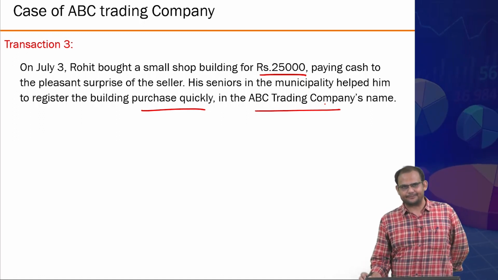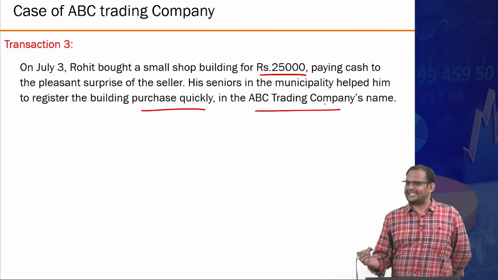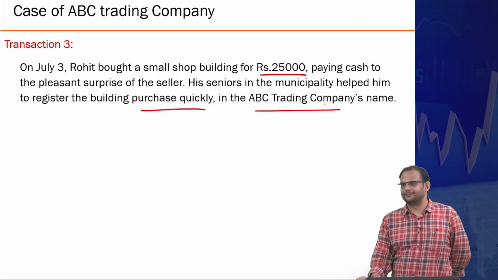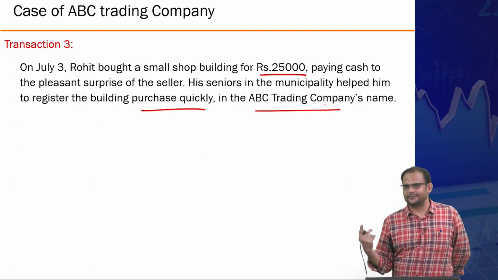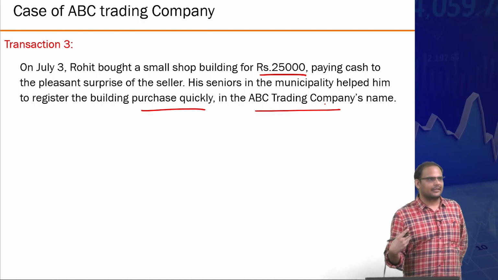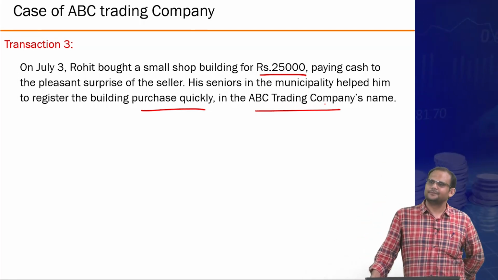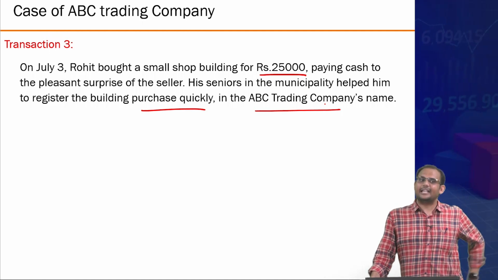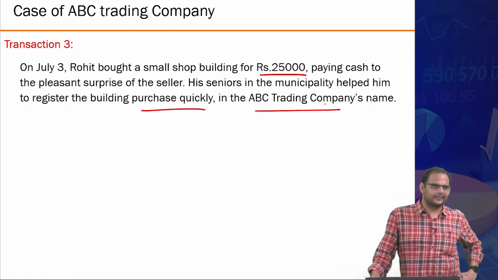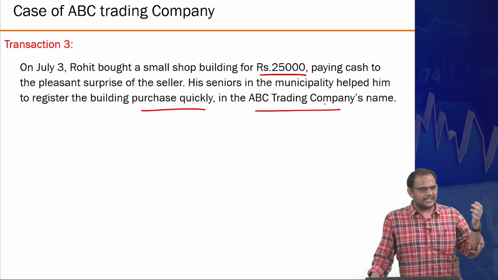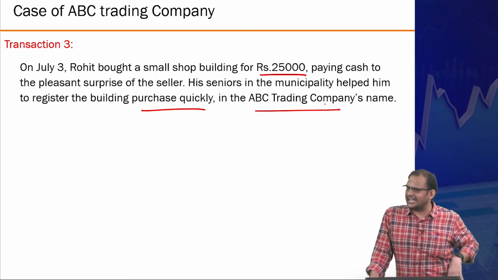So what has happened? Which assets of the company got affected? Cash depleted. Any other change in liability? Any other asset getting affected? Shop building. Building is an asset. But is there any change in liability?